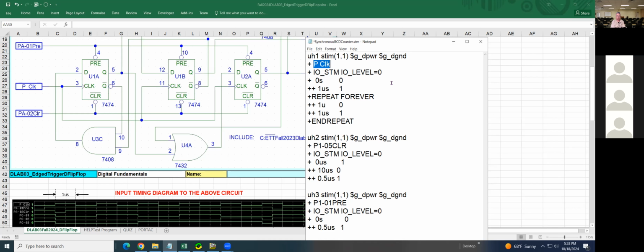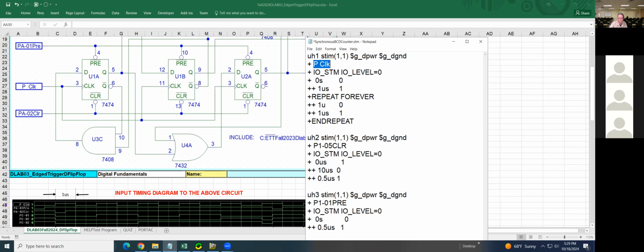Yeah, that's software. That's not PSpice. Okay. Only thing I want to make sure is that whatever you put in the schematic and in the file must be the same thing. Right. Okay, that is the first input.